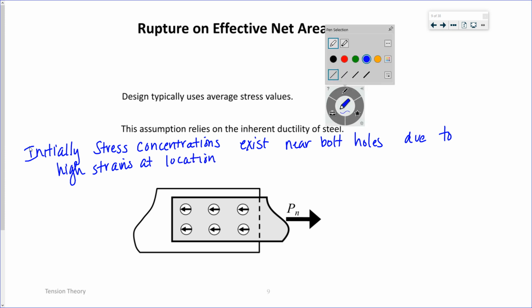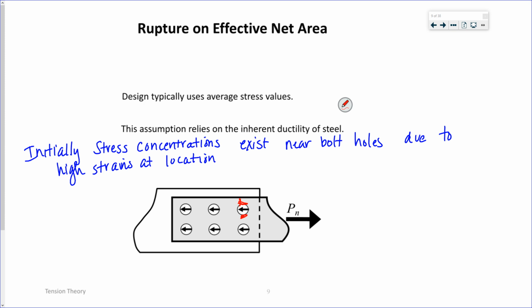So even though we like to pretend that the stress is averaged out and is even across the entire cross section, really it's got this little peak near the bolt holes.